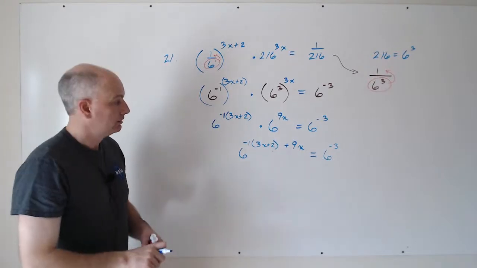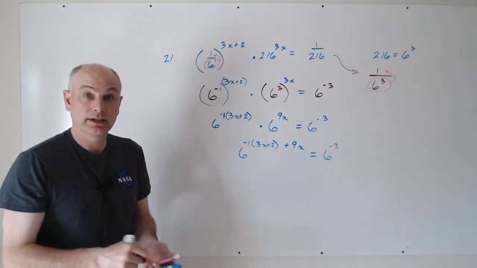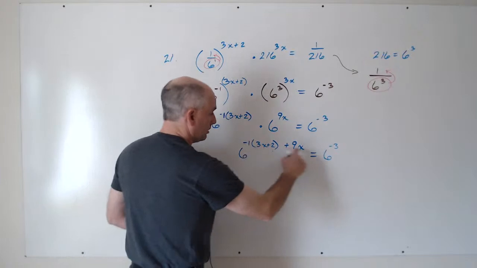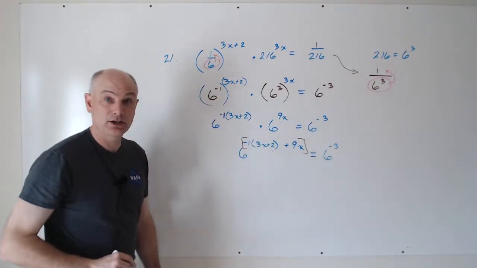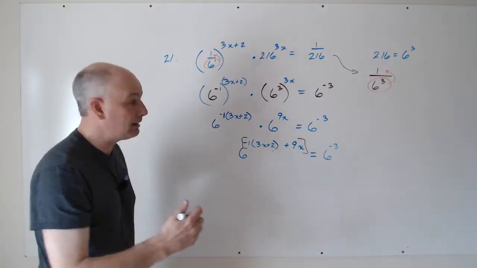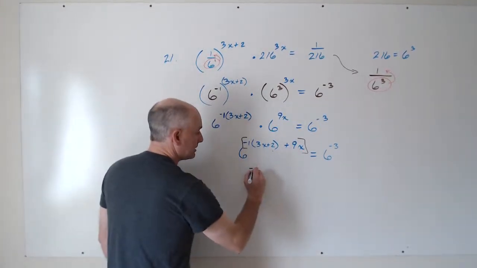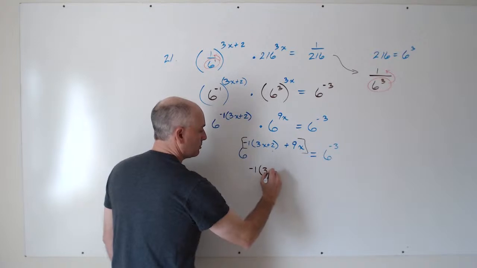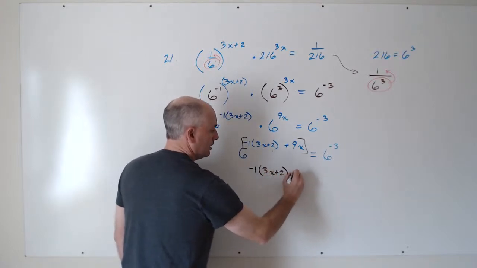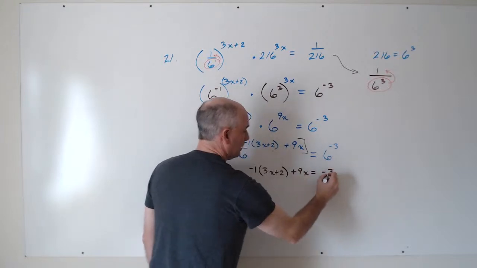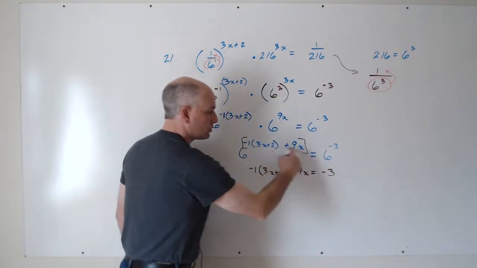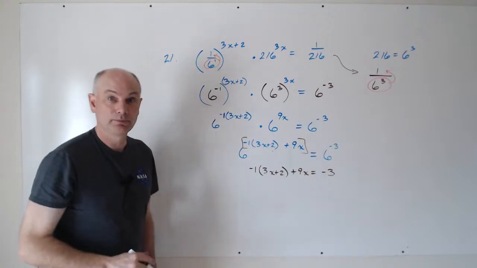Now I can go ahead and look at my exponents. I have to keep in mind that this whole chunk right here is what's representing my exponent, and I'll be able to clean it up in the next step. So I'd get to say negative 1 times 3x plus 2 as a quantity, plus another 9x is now equal to negative 3. Bases are the same, so exponents have to be equal.